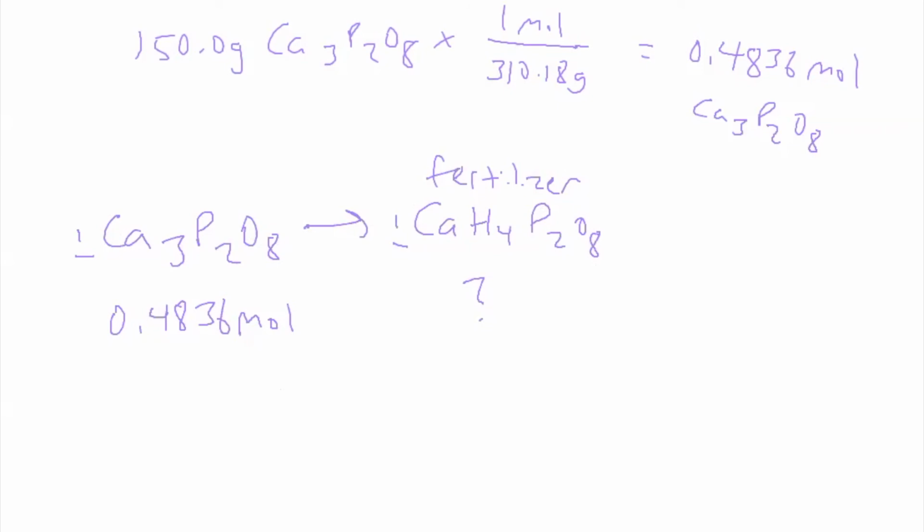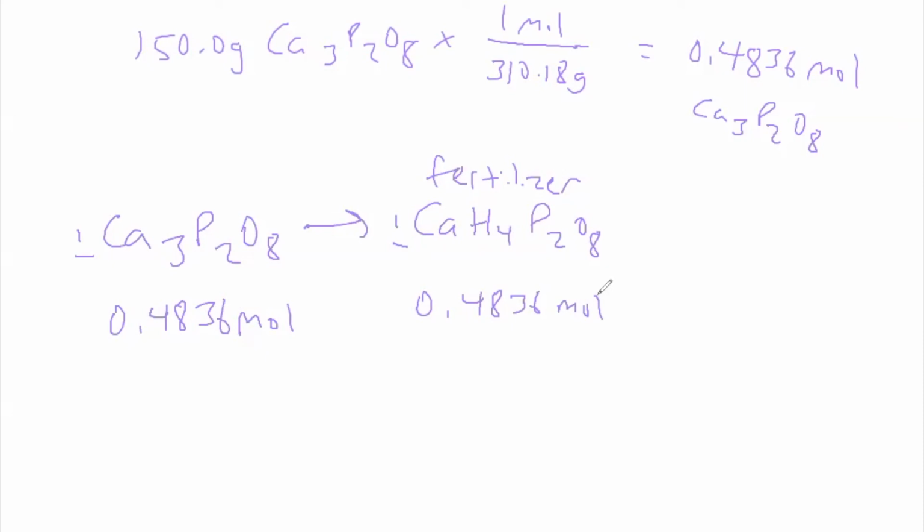So there also will be 0.4836 moles of fertilizer produced. If this were, say, a 2-to-1 ratio, we would have to double that number, but it's a 1-to-1 ratio. So we can just write in moles of fertilizer also being 0.4836.